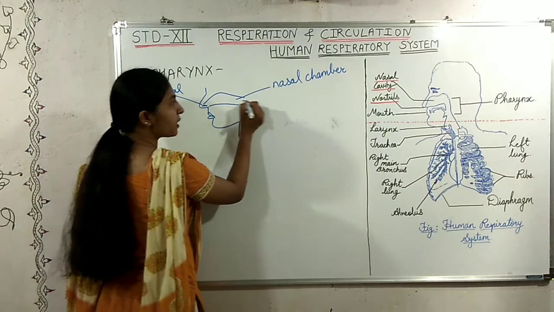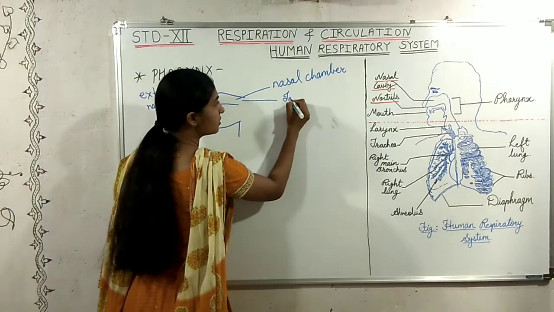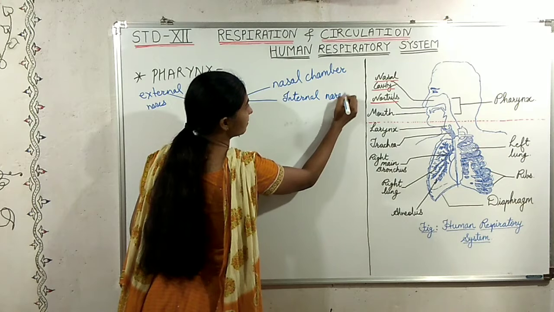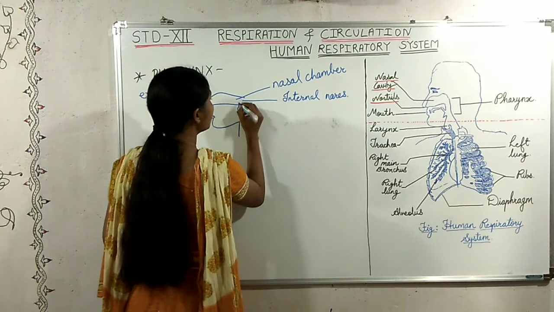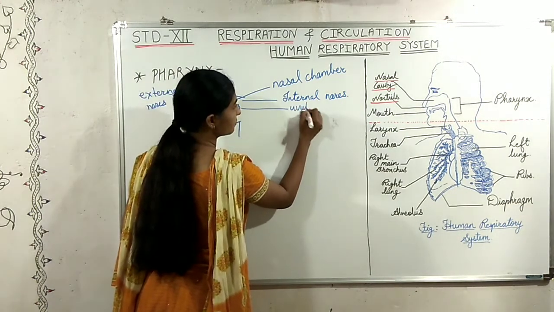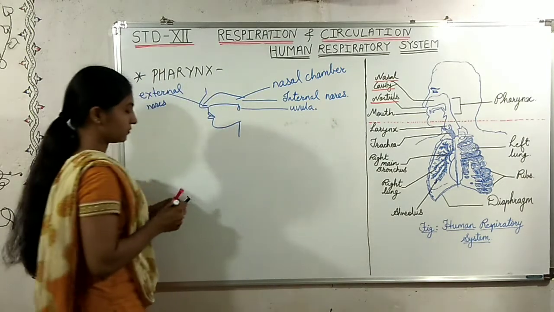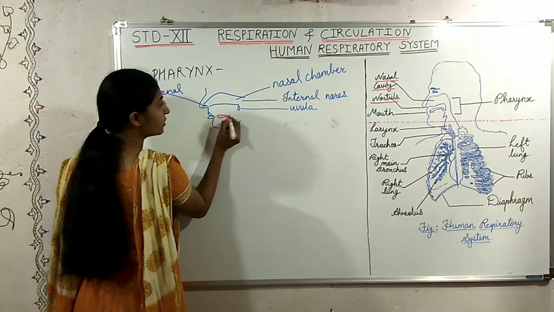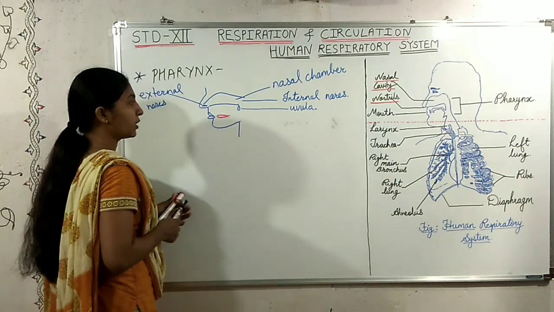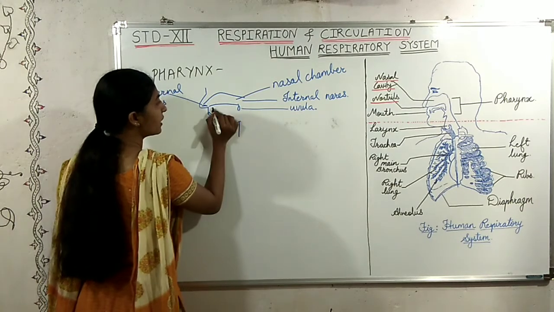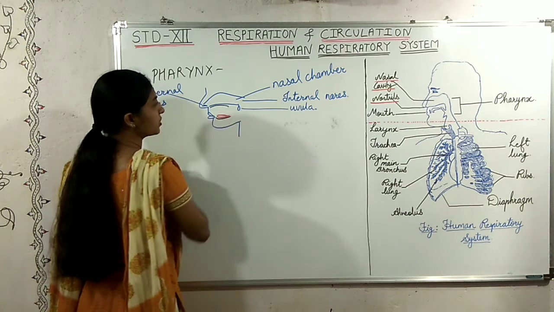The posterior part of the nasal chamber is the internal nares. Here is the uvula. Now, this is where the tongue is present. Below this tongue, there is the lower jaw, and here is the upper jaw.